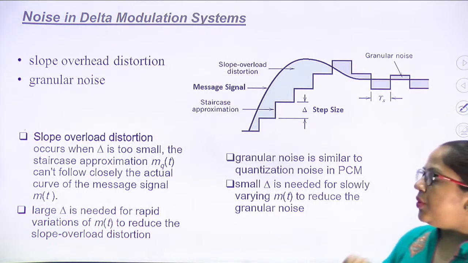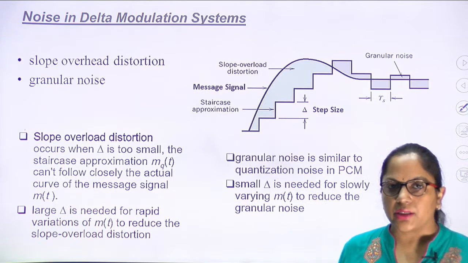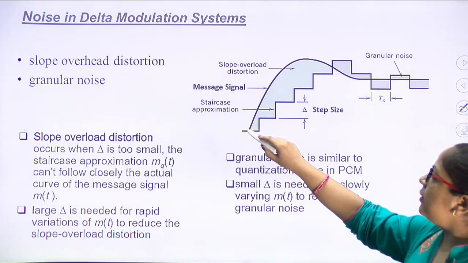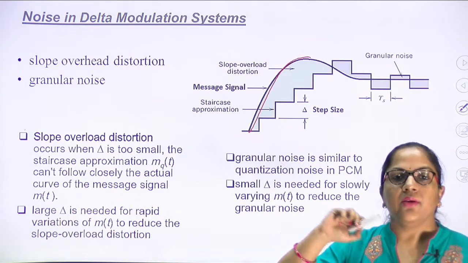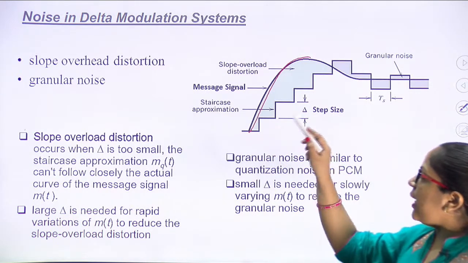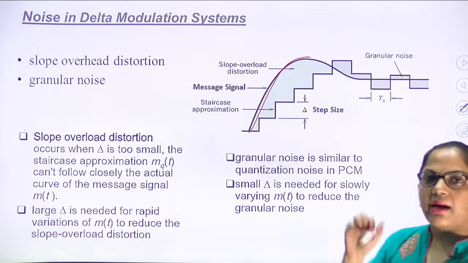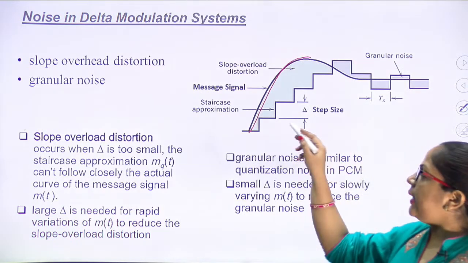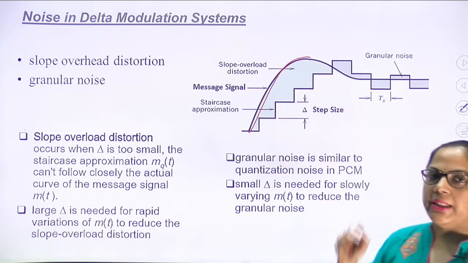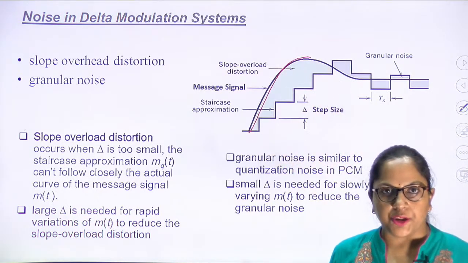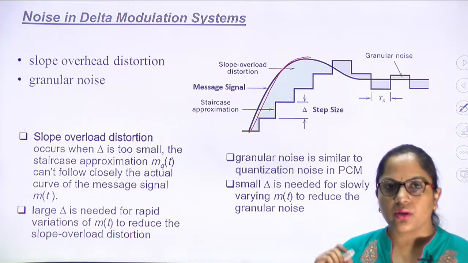In case of slope overload distortion, this kind of noise will occur if the amplitude of our original analog signal is varying very rapidly, and we have considered the step size in the starting too small. Then it may not be able to follow the rapid change in the amplitude of our analog information. What is slope overload distortion?